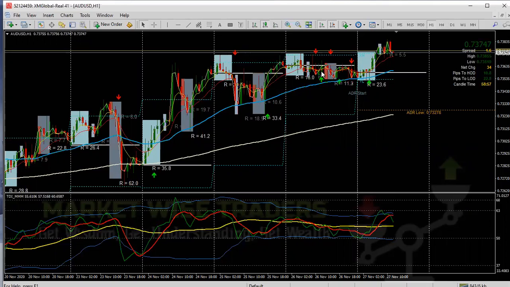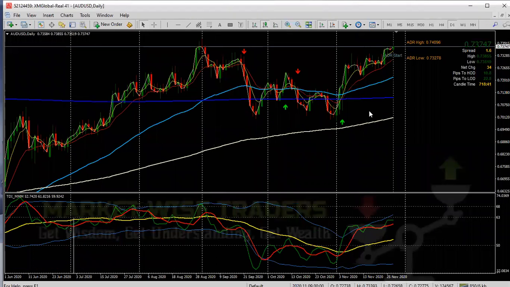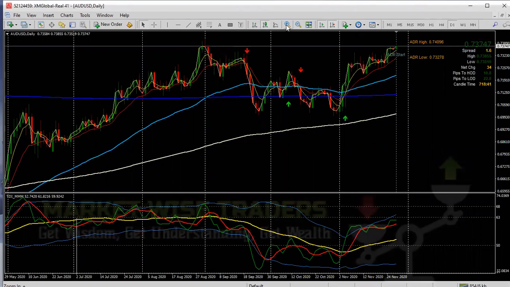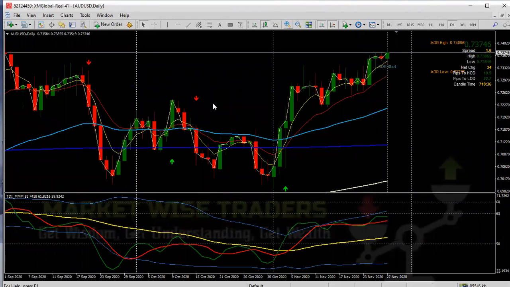So already just looking at this, I can see the numerous traps. Okay, to make it easier for you, let me go to D1. Just look at this whole week of Aussie USD. All these are traps, these pins. Let me just draw a line. I said at yesterday's low, right?